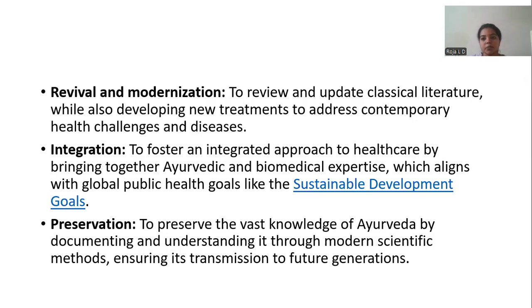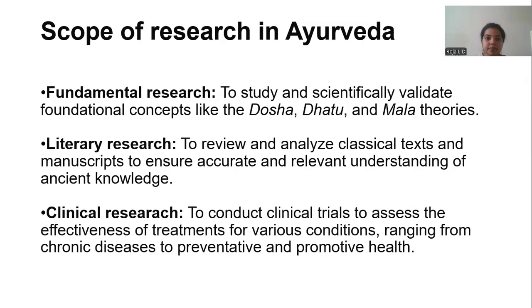If we don't preserve, being Ayurveda practitioners, our vast knowledge of Ayurveda, it will be useless for the next generations to treat their diseases. That's why preservation is a need of research: to preserve the vast knowledge of Ayurveda by documenting and understanding it through modern scientific methods, ensuring its transmission to future generations.